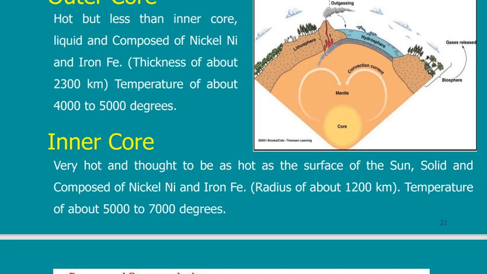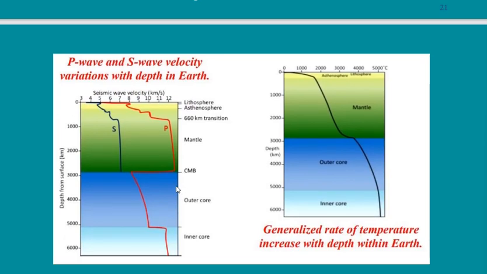So it's N-I-F-E, knife. So knife is the constituents of the inner and outer core. One of them is solid, one of them is liquid. Okay, luckily, we have now finished all that we need to memorize about the layers of the Earth.